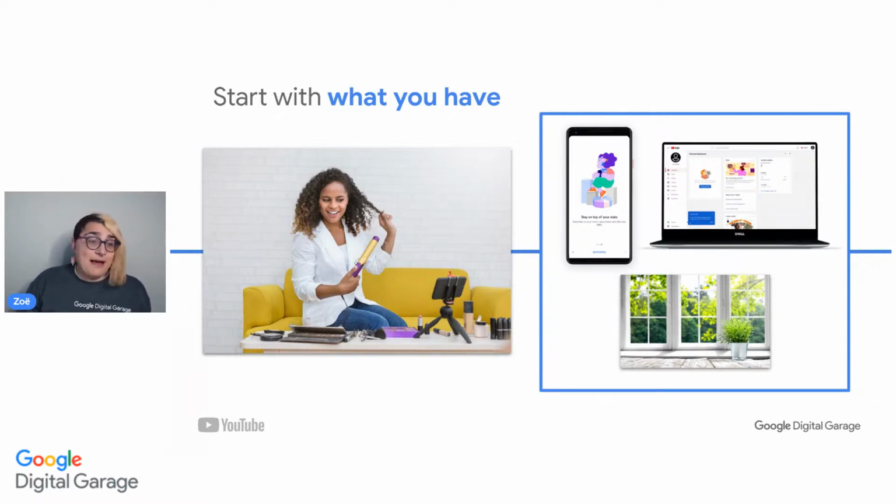Then you need to think about editing software. Again, you probably have some editing software. So Windows Movie Maker, if you've got a PC, or iMovie, if you've got an Apple product like a Mac. Those are free programs that should already come with your computer. You'll be able to find tutorials for using Windows Movie Maker or iMovie.